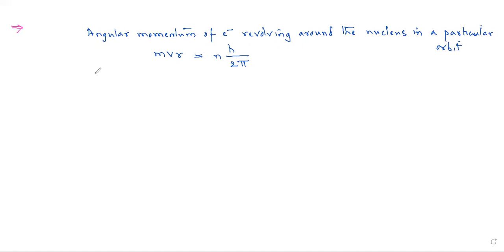This was the proposal made by Bohr. The orbit in which the electron is revolving is n. N is of course an integer which takes up values 1, 2, 3, 4, and so on. Angular momentum of electron MVR must be equal to integral multiples of h by 2 pi.